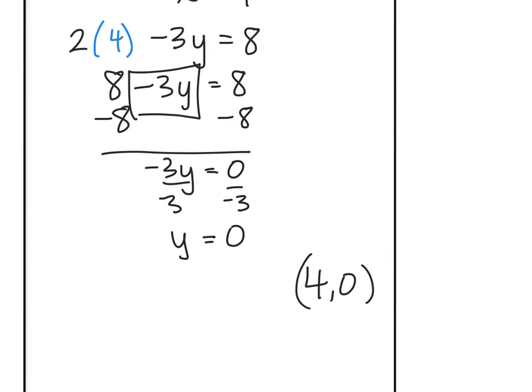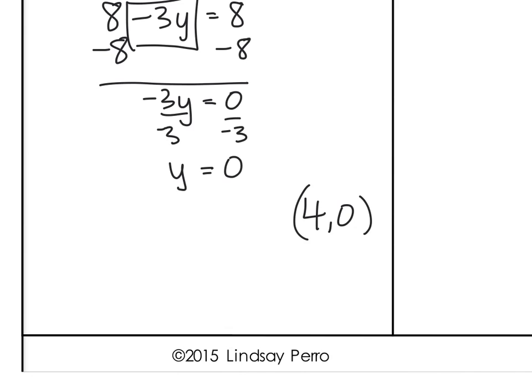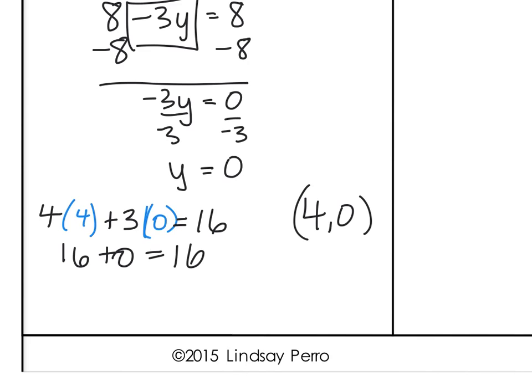Now I'm going to plug that back into both equations to make sure that it works. So the first one was 4 times 4 plus 3 times y, which is 0, it's supposed to be in parentheses, equals 16. So I've got 16 plus 0 equals 16, so that checks.